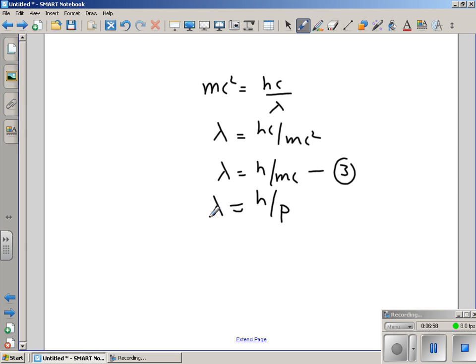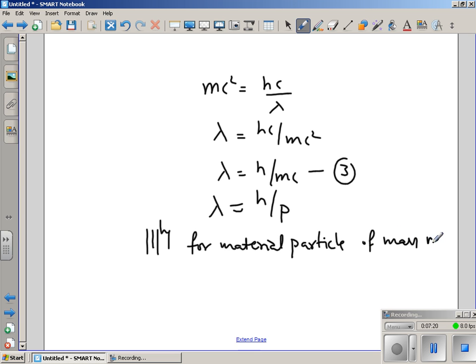In the same way, de Broglie wrote, for a material particle of mass m and velocity v, the wavelength associated with the particle.